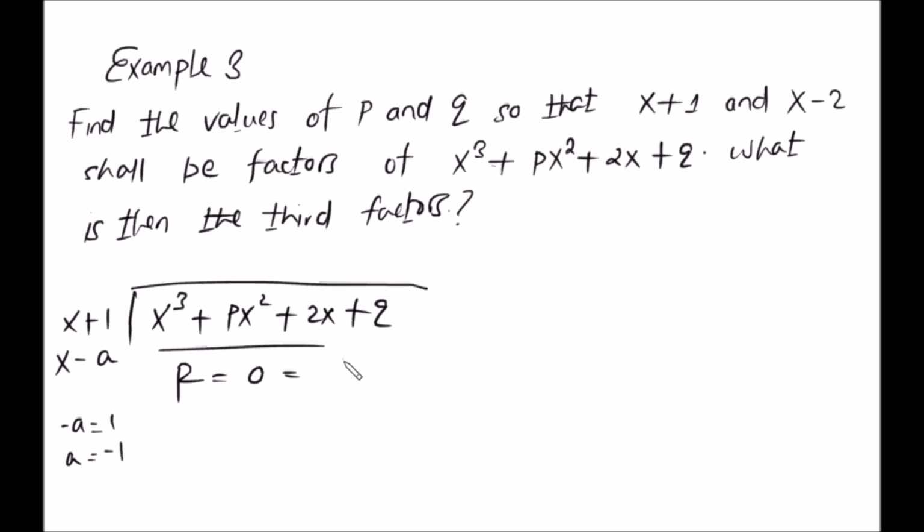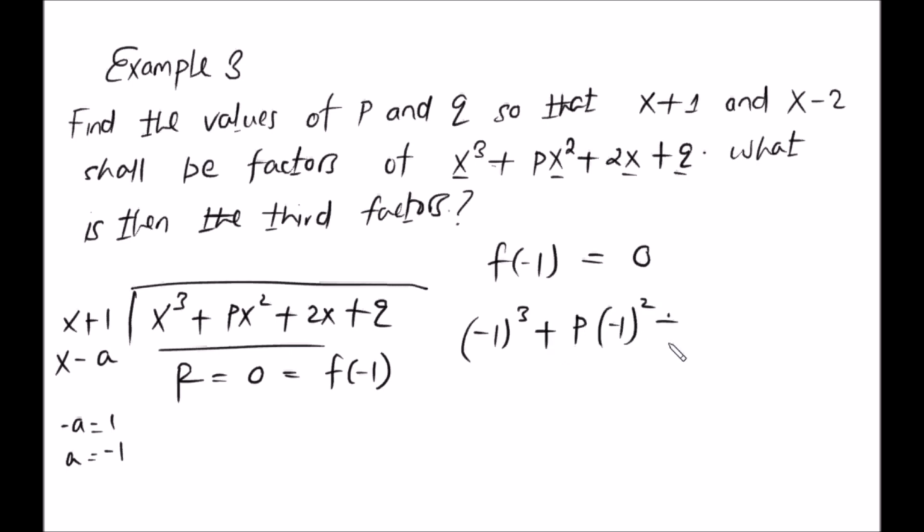Kwa hiyo kumbe r pia ni sawa na f of negative 1. So f of negative 1 ni 0. So manake nini? Manake hapa napachika negative 1. So itakuwa negative 1 cube plus p times negative 1 squared plus 2 times negative 1 plus q sawa na 0.